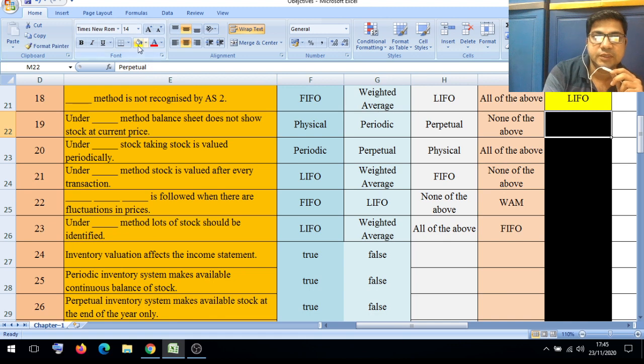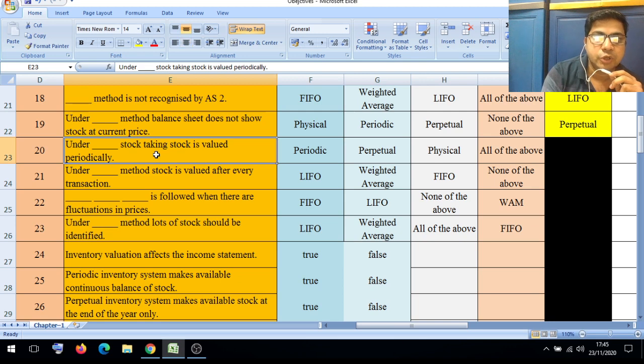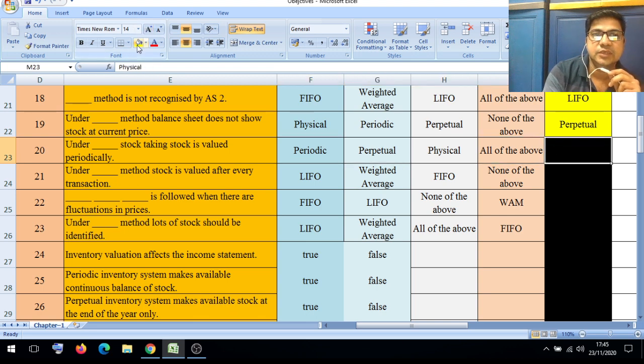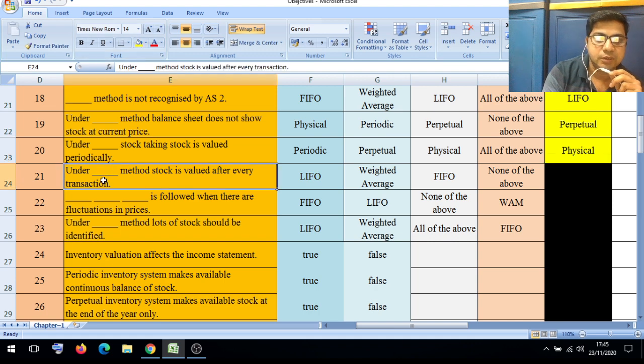The answer is perpetual. Under dash stock taking, stock is valued. Periodic, perpetual, physical, all of the above. The answer is physical. Under the dash method, stock is valued after every transaction. LIFO, weighted average, FIFO, none of the above.